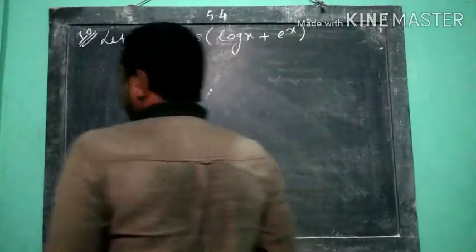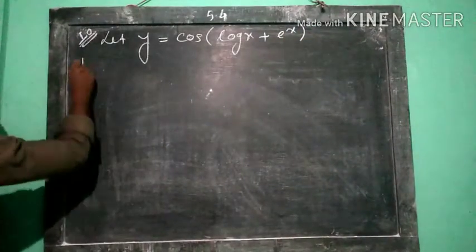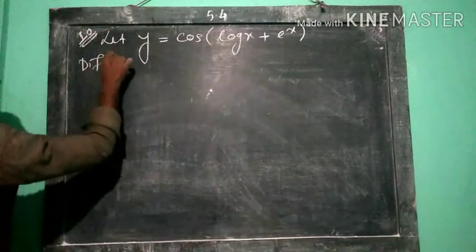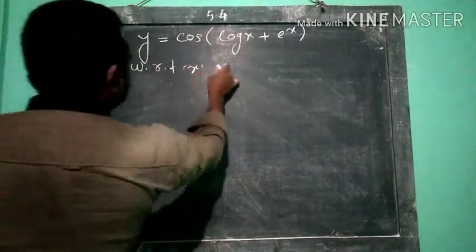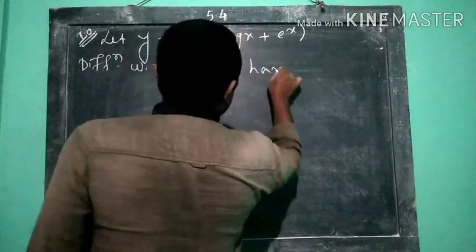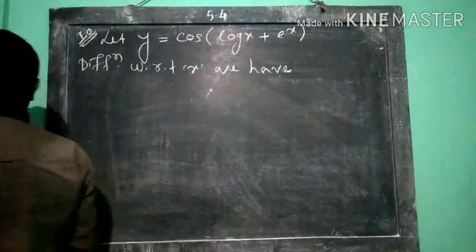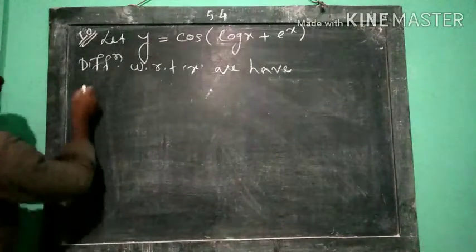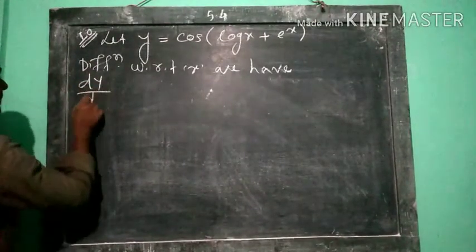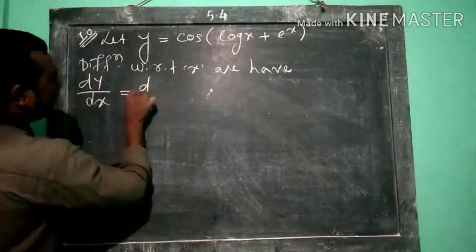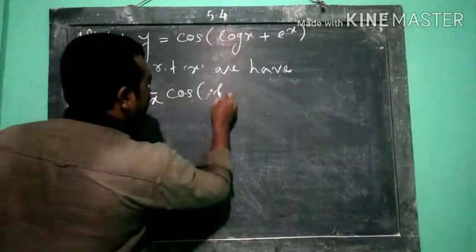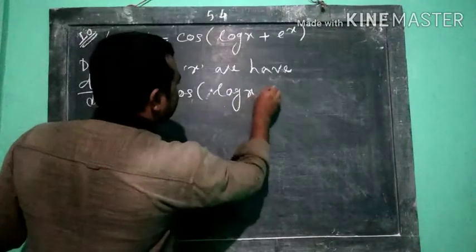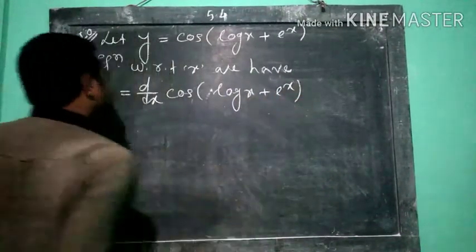So it is a very simple problem. Differentiating with respect to x, we have dy/dx equal to d/dx of cos of log x plus e to the power x.